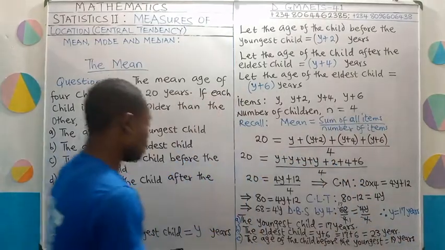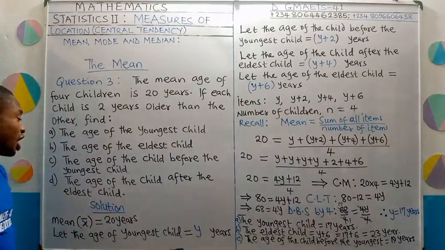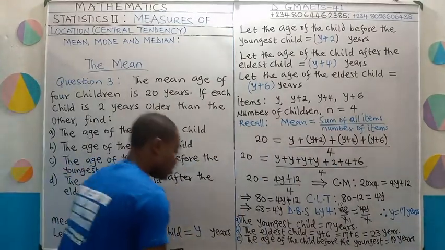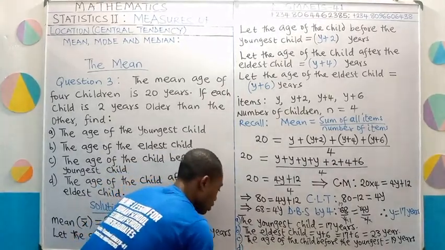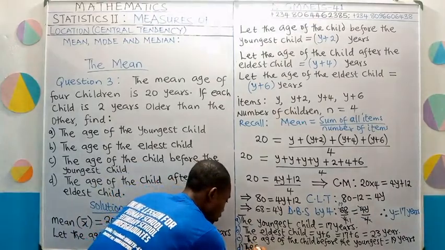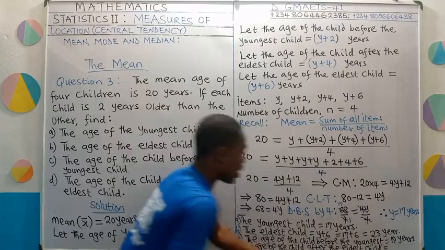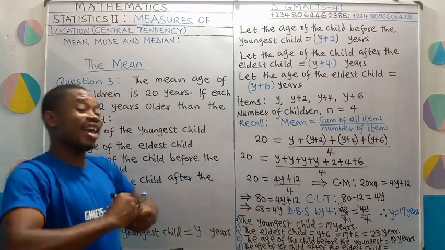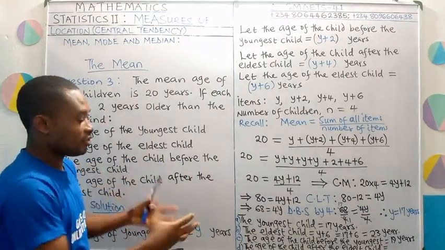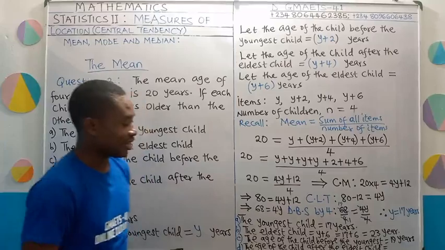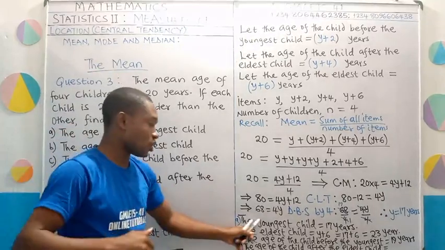And then the last one, the age of the child after the eldest child. So we have the age of the child after the eldest child. I'm sorry, just manage this thing that I put together there, okay? You can read up the notes to see what is here.